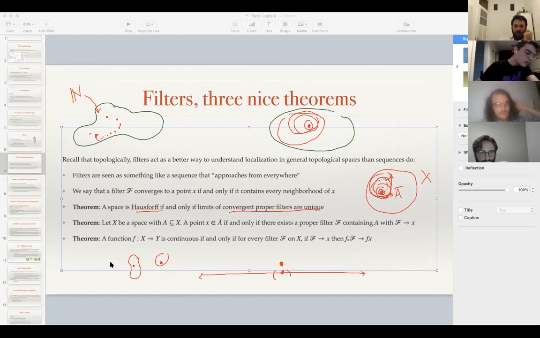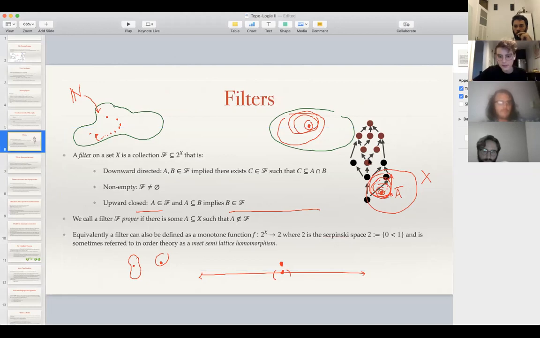In the example you drew in the previous slide, that converges to the lowest red point, right? Yes. This one here. So this one is going to converge to this point right here. Sure.